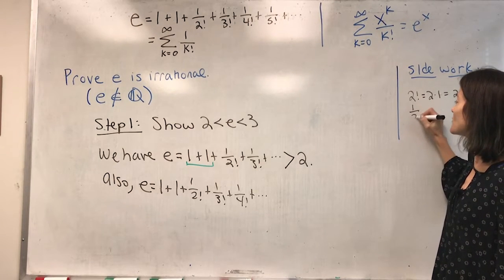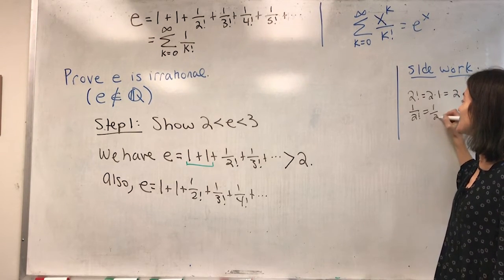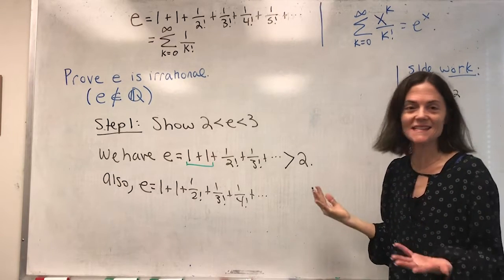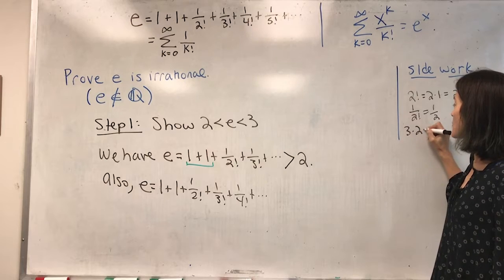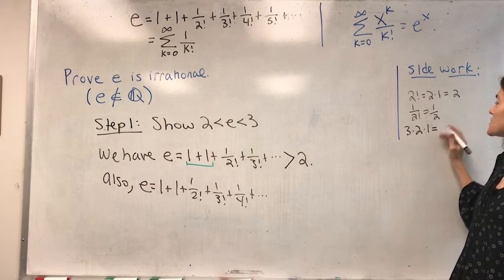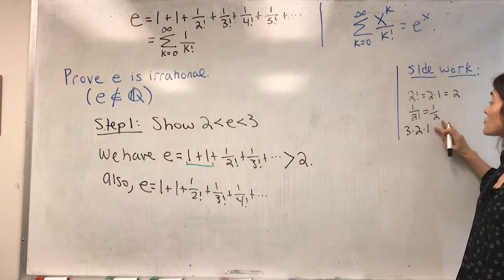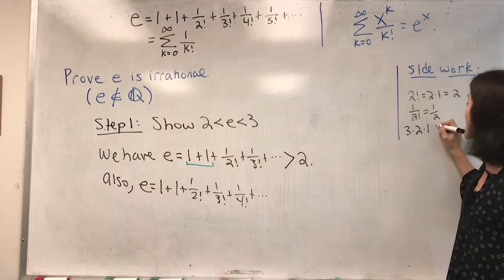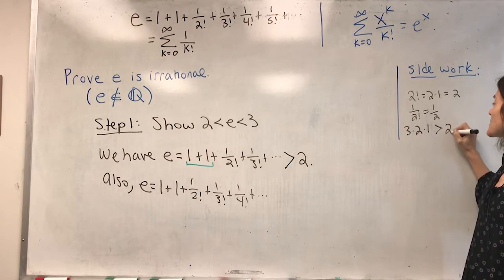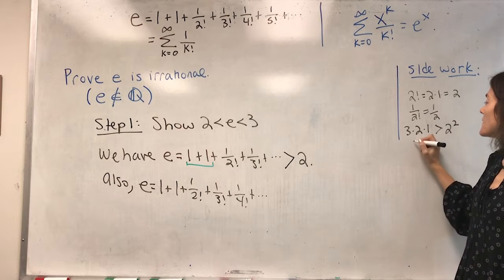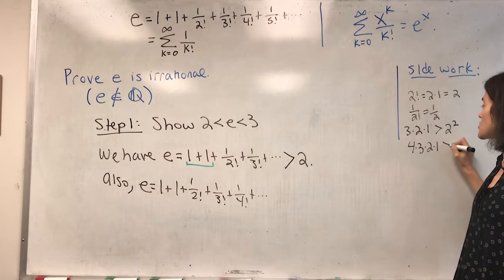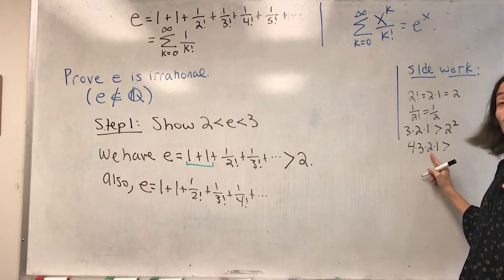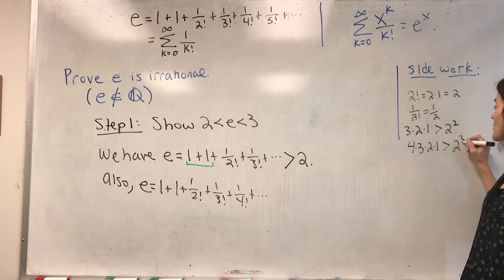So 1 over 2 factorial is a half. 3 factorial, 3 times 2, well, this is strictly bigger than 2 times 2, which is 2 squared. And 4 factorial is strictly bigger than, if I have 1, 2, 3 twos, 2 cubed.